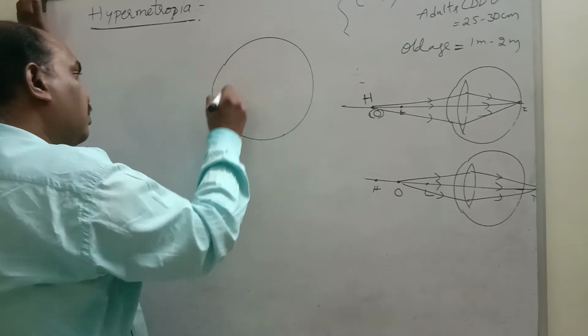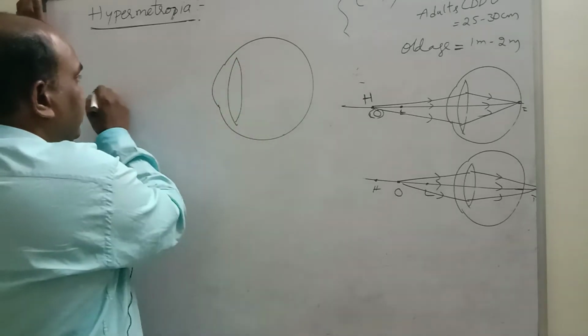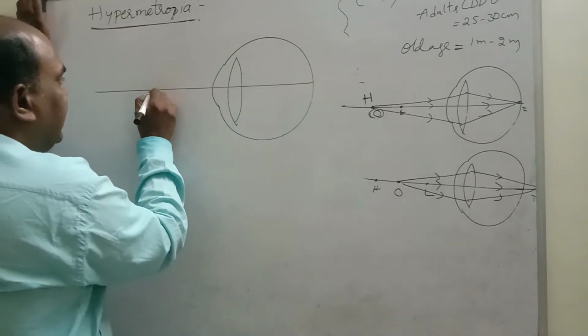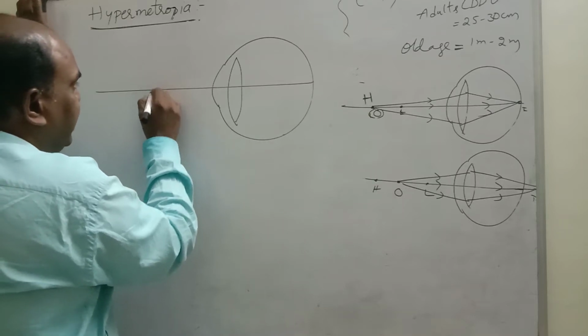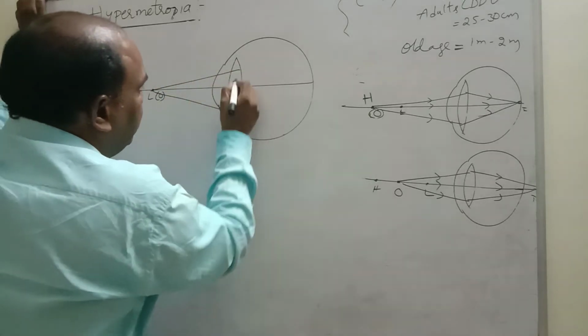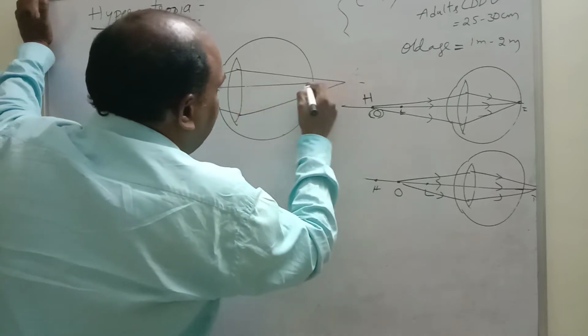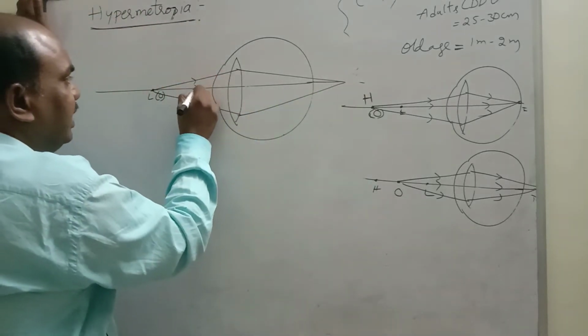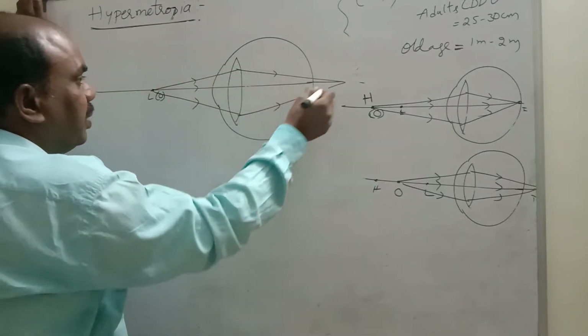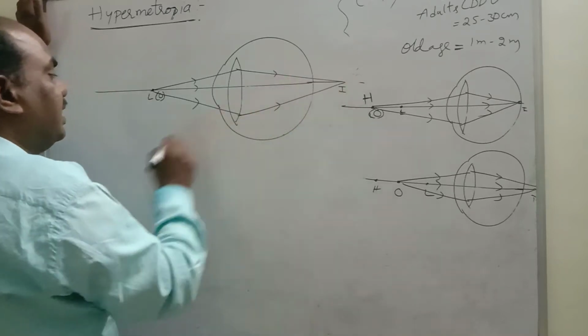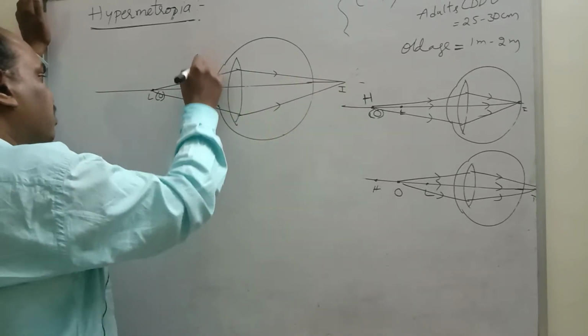This is the eyeball, this is the eye lens, this is the principal axis, this is LDDV. If the object is at LDDV, what will happen? The image forms beyond the retina of the eye. That means it is not converging properly. The image forms very far beyond the retina. If you use spectacles, what will happen?